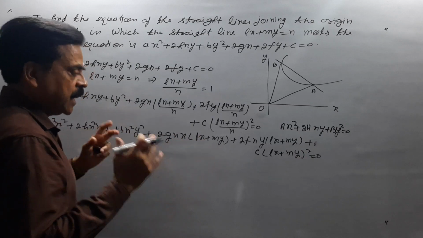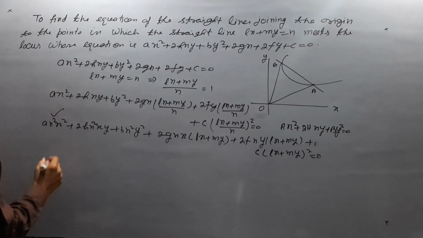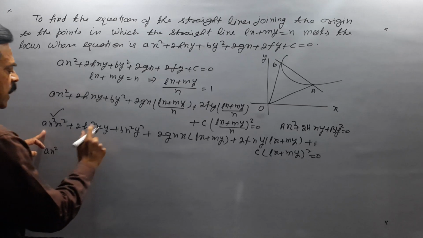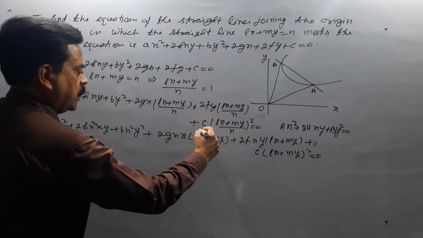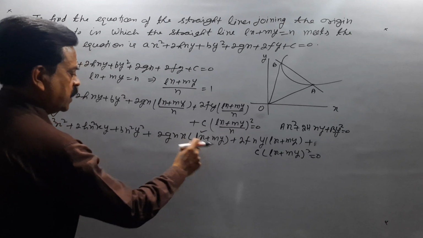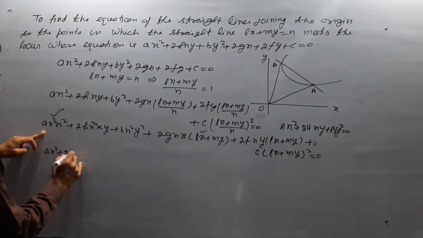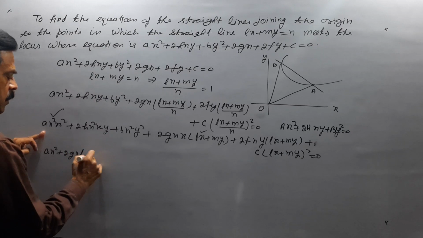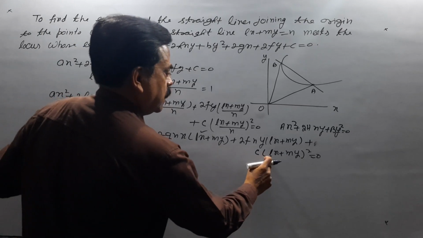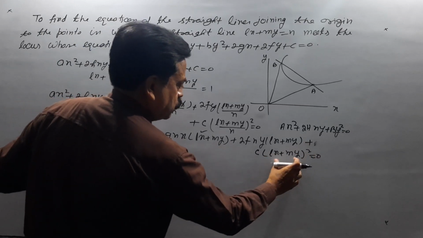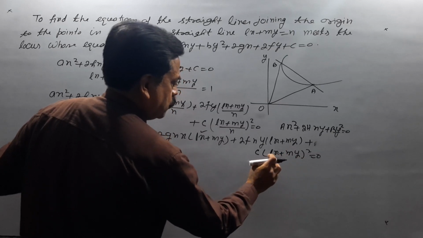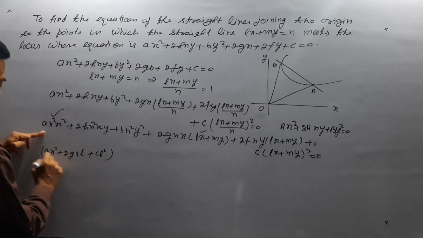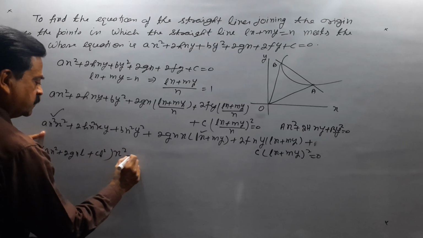If we collect the x square terms: x square is here, the coefficient is a n square; x square is here, x into x, so we get 2g n l; and in opening the square of this bracket we get x square, so c l square. These are the terms of x square.